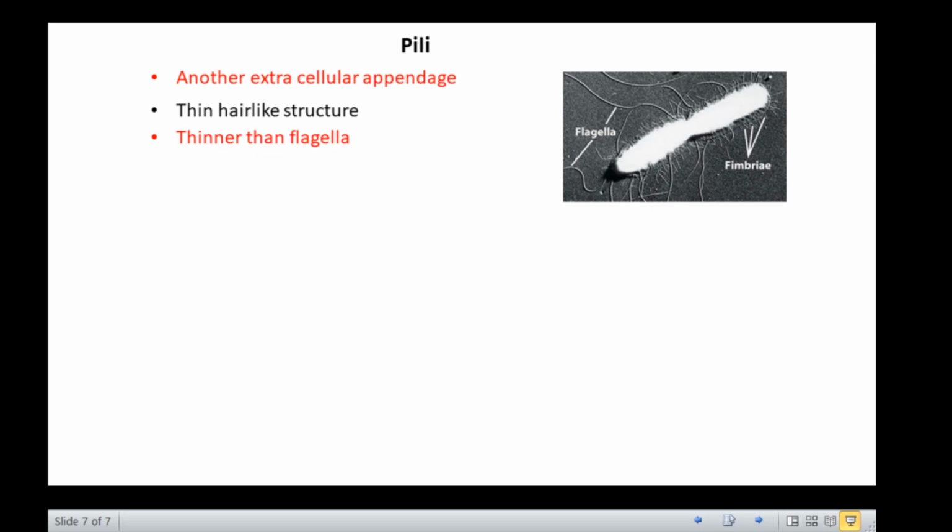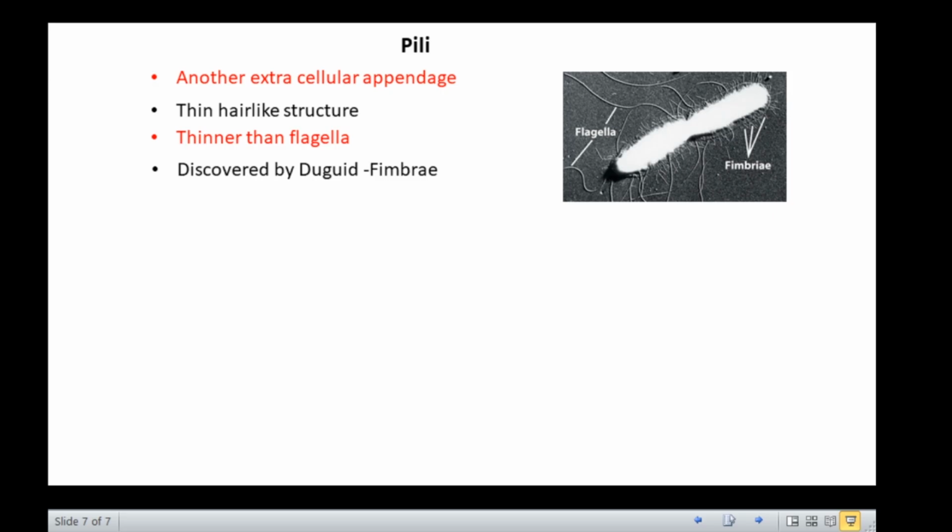Pili were first observed under the electron microscope by Duguid in 1955. He found these non-flagellar filamentous appendages and correlated their presence with the ability of E. coli to agglutinate red blood cells.